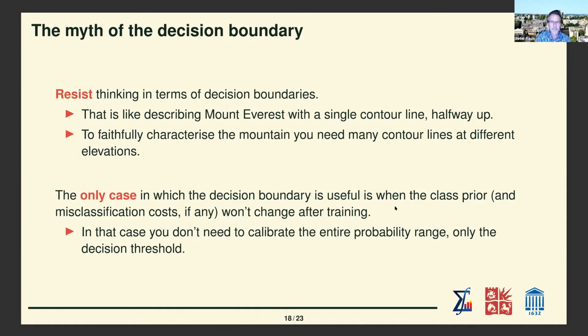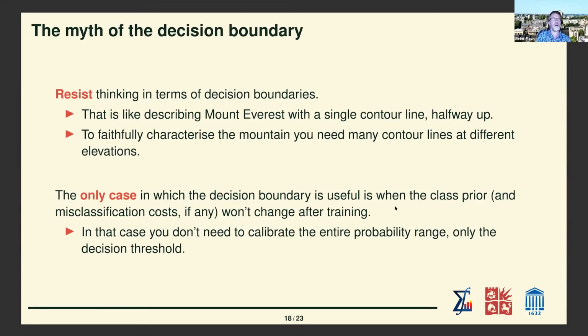The only case in which you really honestly should think about a fixed decision boundary is when your class prior that you used in training is meaningful, and the misclassification costs, if they were there, that you used in training are meaningful and won't change.